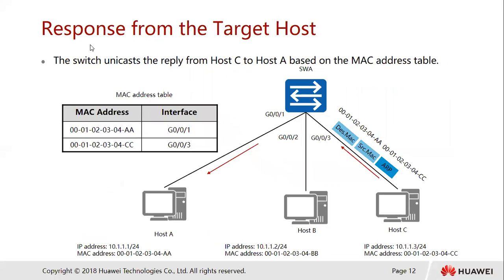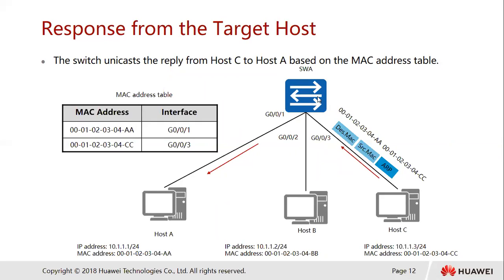Response from a target host. The switch unicasts the reply from host C to host A based on the MAC address table. When host C is sending information, the switch will receive a frame, in fact.